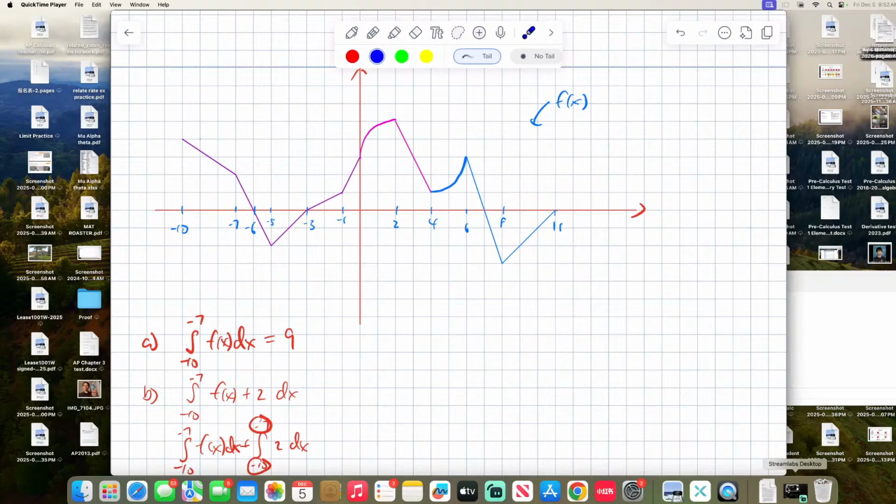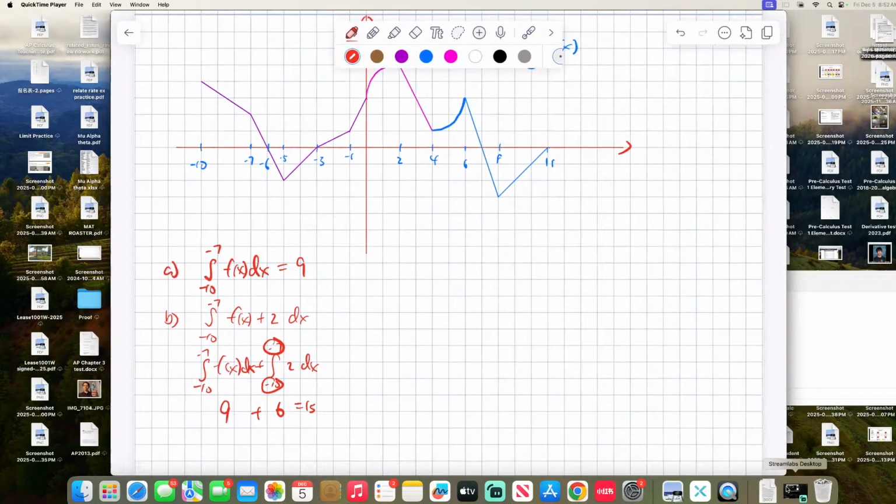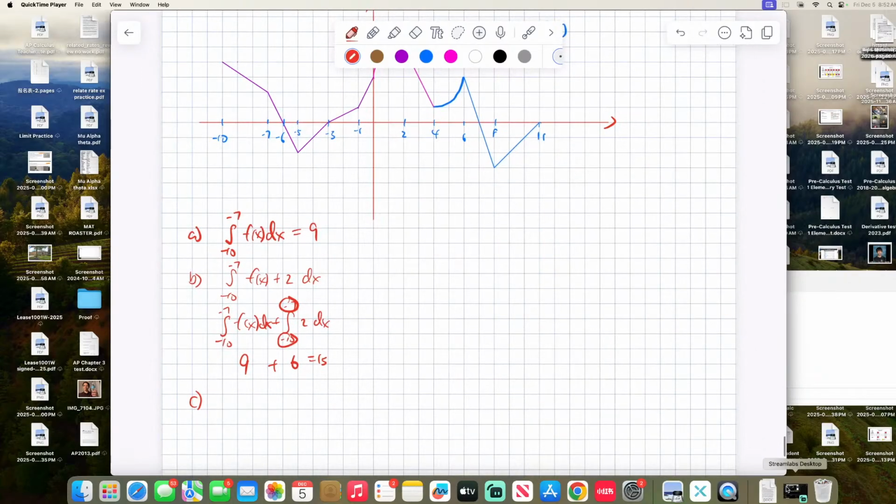Is this okay? Okay. Now I'm going to ask you different questions. What happens if you have C? I can ask you, what is the integration between negative 6 to negative 3 of f of x dx?